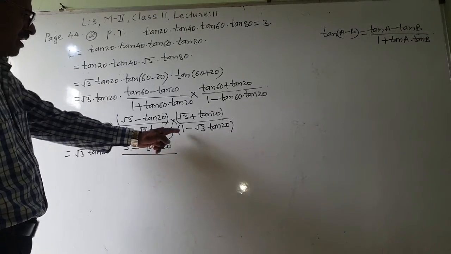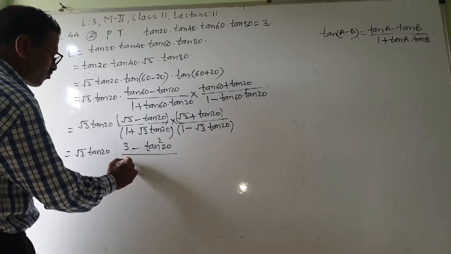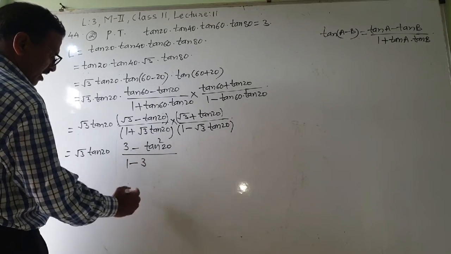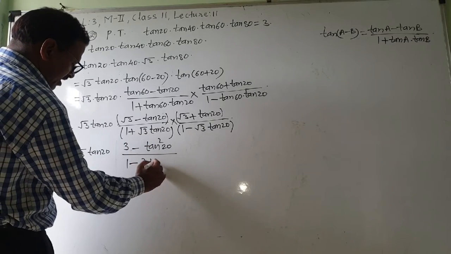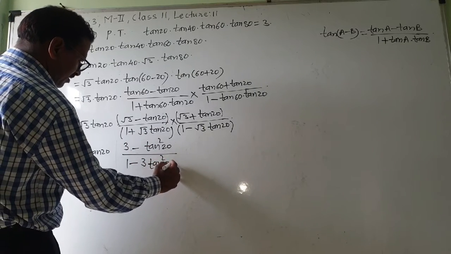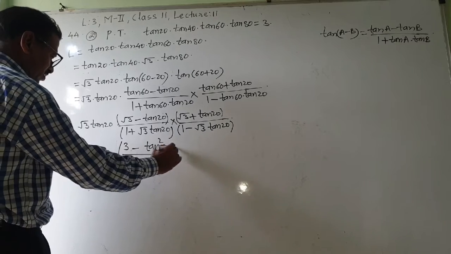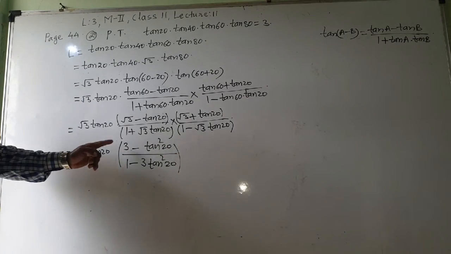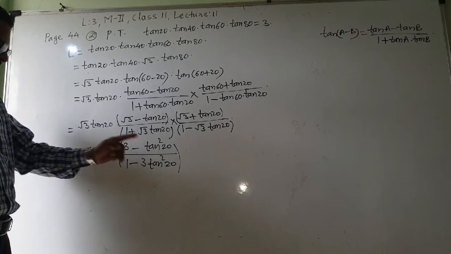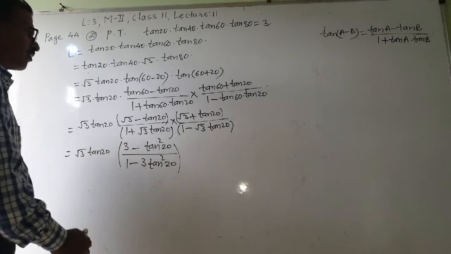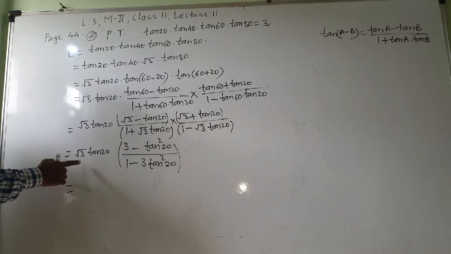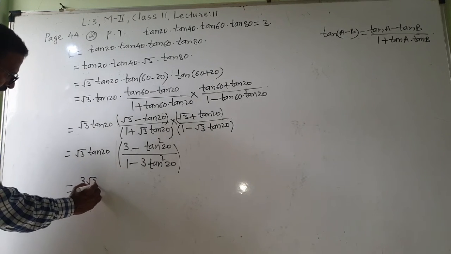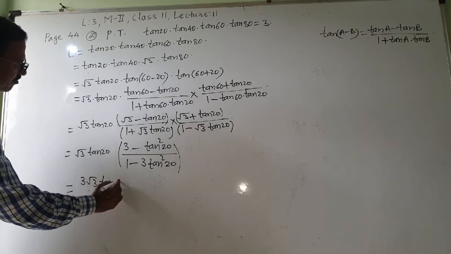A plus b, a minus b, a square means 1 square is 1 minus b square means 3 tan square 20. Hope that you have understood this. Now this is multiplying to this and this. So that is equal to root 3 into tan 20 is 3 root 3 tan 20.